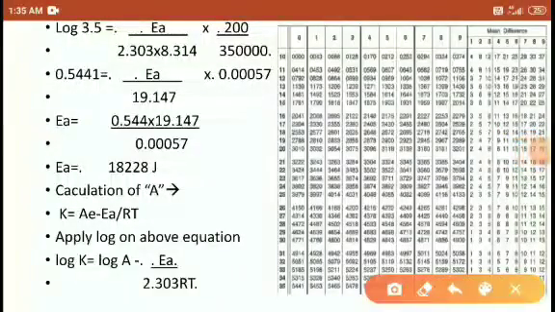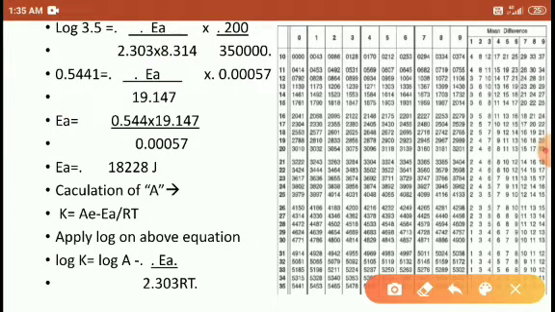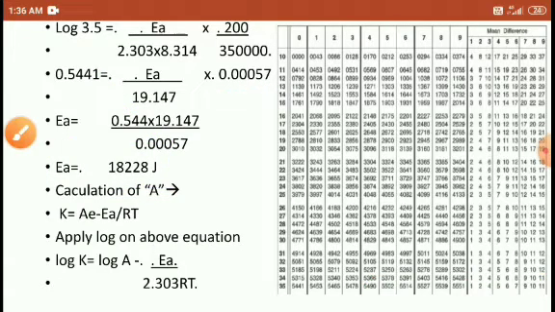Next we have to calculate Ea. We take Ea outside, then multiply 19.147 into 0.5441 and divide by 0.00057. We get the answer, Ea is 18882.228. This is the answer, students.